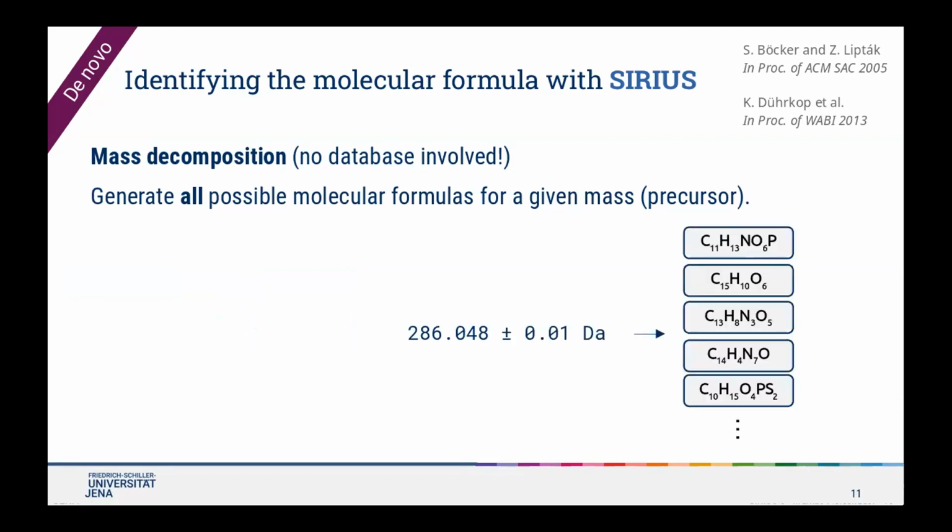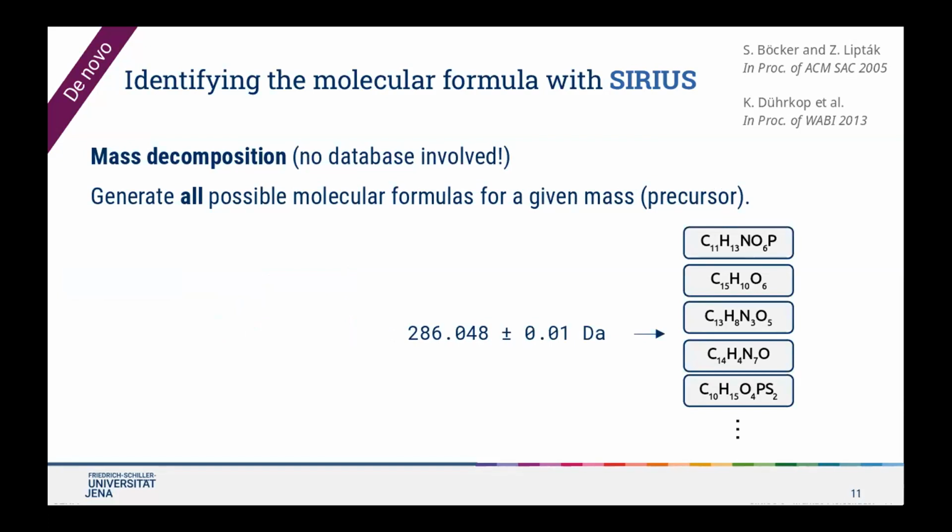So we basically take the precursor mass and some given mass accuracy and generate all possible formulas. For smaller compounds, this might be a few hundred or a few thousand, but for high mass compounds, that really can be millions. Nevertheless, it usually is quite fast.